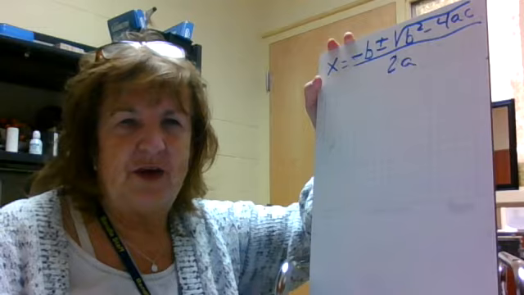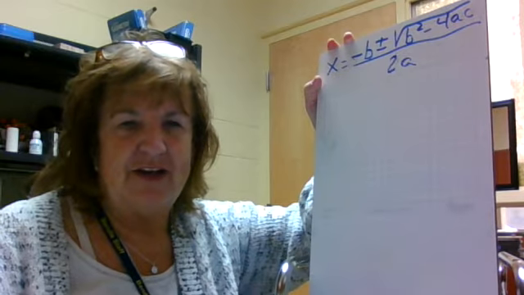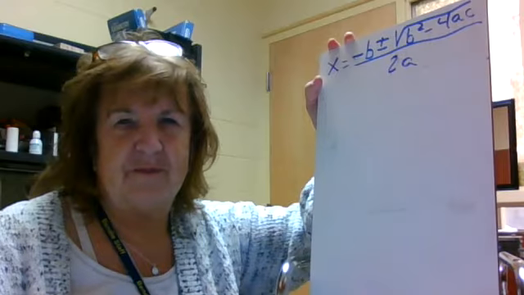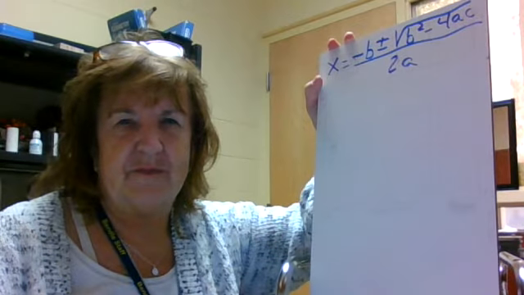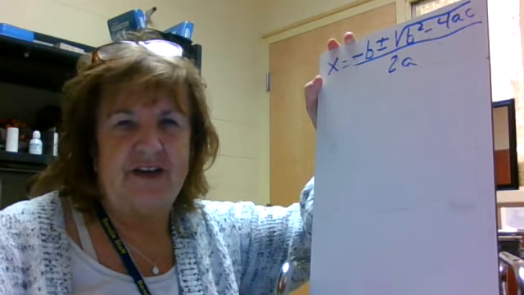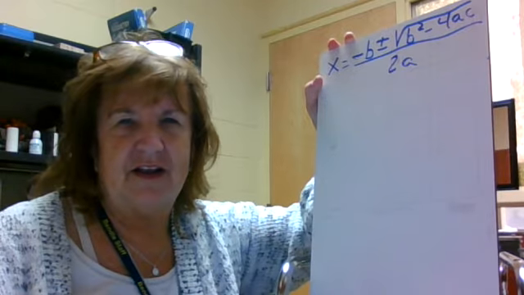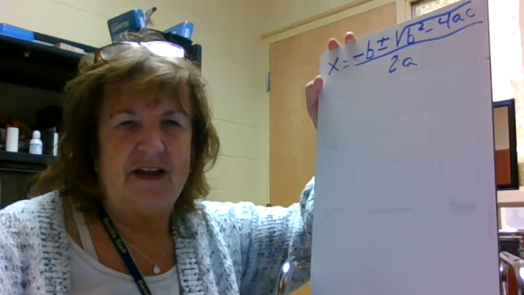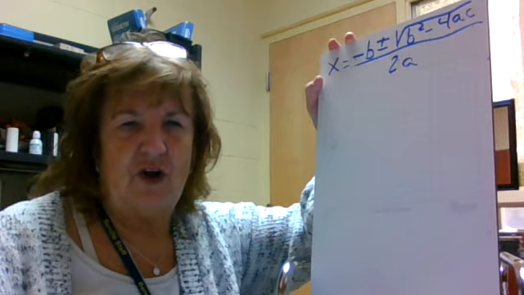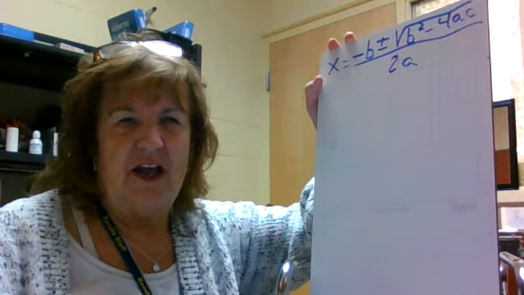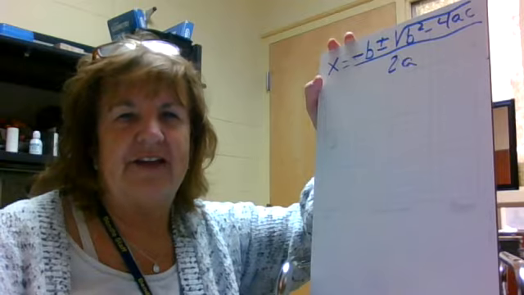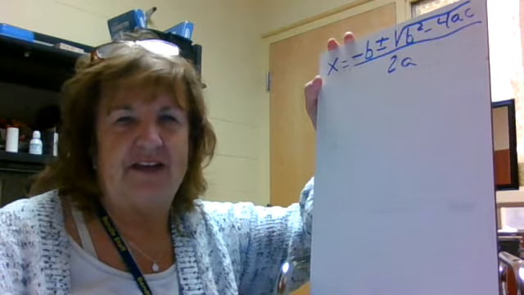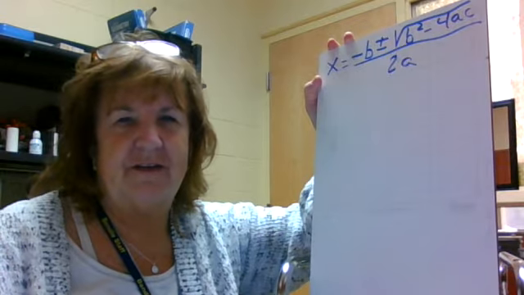To help you out with the quiz, because now you are ready to take the quiz on this section, let's take a look at the quiz called the Quadratic Formula and Discriminant Quiz.